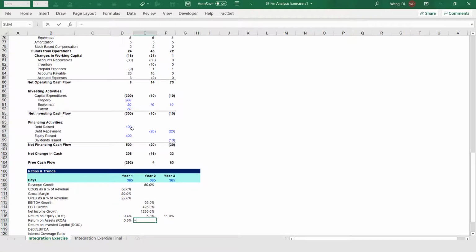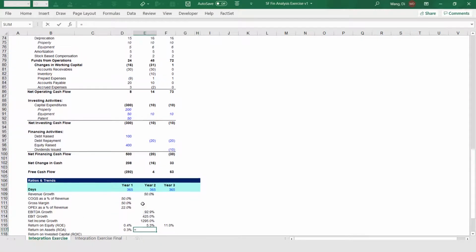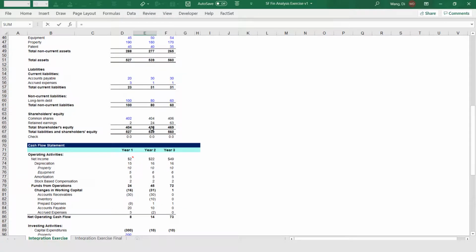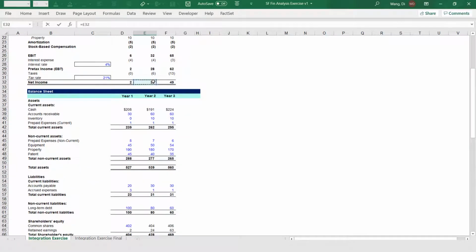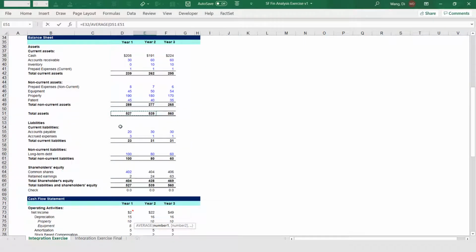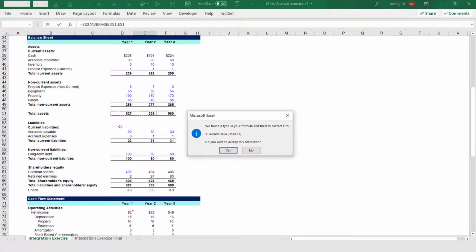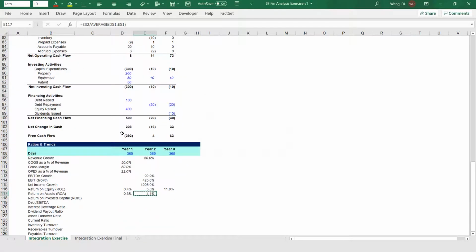And similar to our return on equity, we are going to be taking net income divided by the average now, since we have those numbers, of the total assets between year 1 and year 2. We'll just copy it over to the right. Perfect.